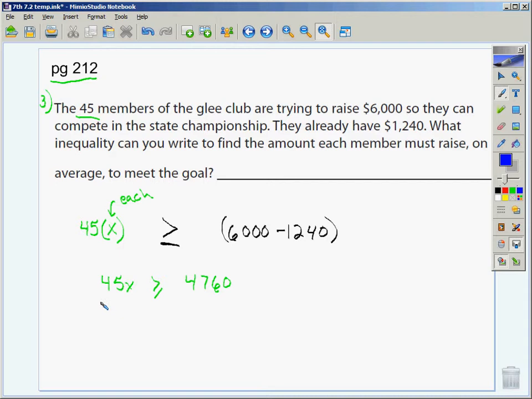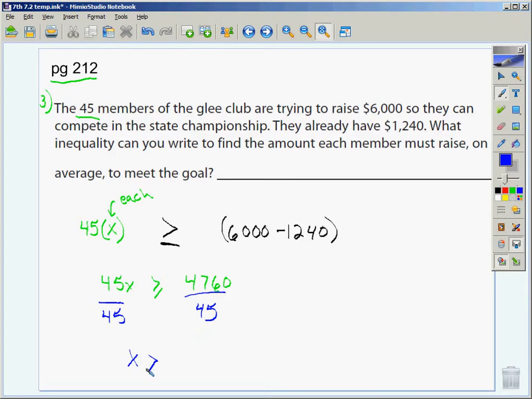By 45. If you do that division on a calculator, which is how I expect you to do it, 4,760 divided by 45.